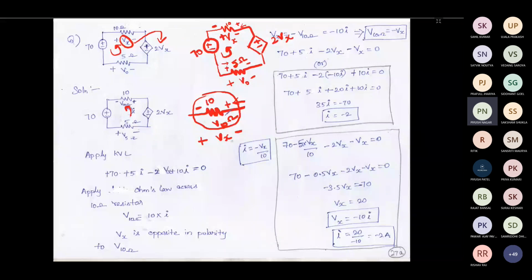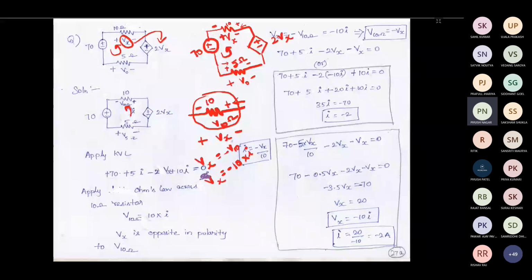In another way, Vx is equal to minus V10, the voltage across this 10 ohm resistor, which can be written as minus 10 into I. Okay, so this is for Vx.